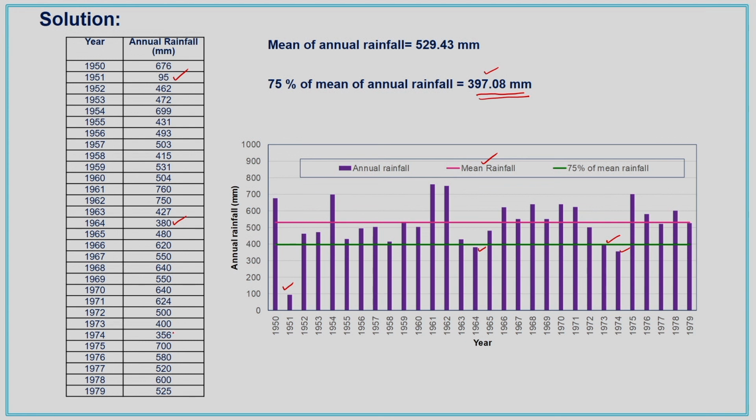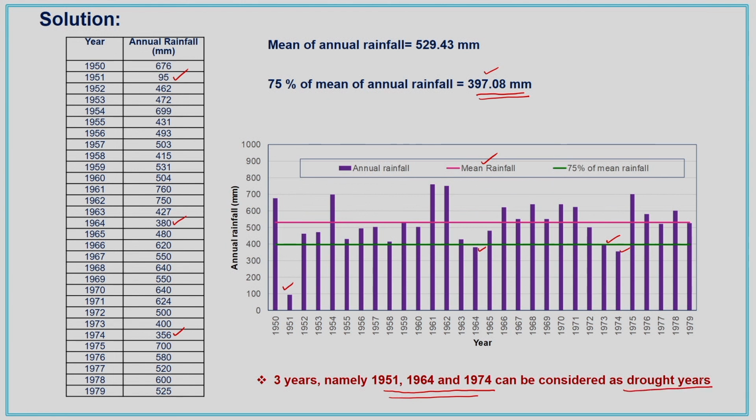In 1974 we have experienced 356 millimeters of rainfall. So these 3 years were experiencing meteorological drought. The years 1951, 64 and 74 can be considered as drought years, especially meteorological drought, because lack of rainfall has happened during these years.